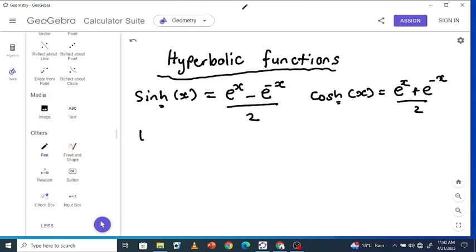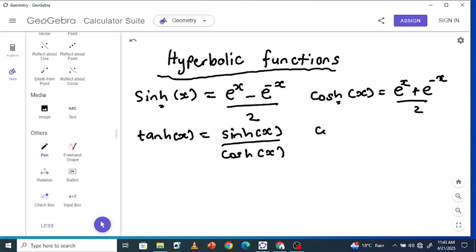Another identity we have, they are quite similar. We have the tanh of x, which is sinh x over cosh x. Another identity we have is called coth x, which is basically cosh x over sinh x.